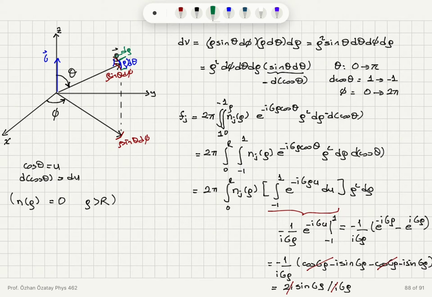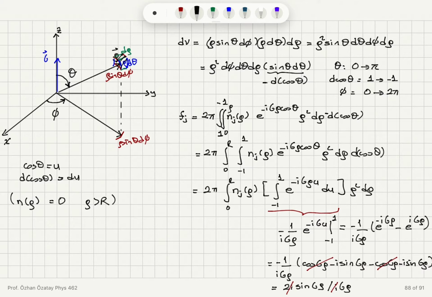So you would see that you have a volume element here. Okay, so this is our dV. So that dV is equal to rho sine theta d phi, rho d theta, and d rho.